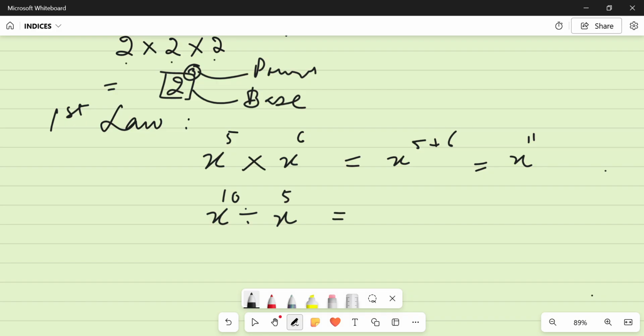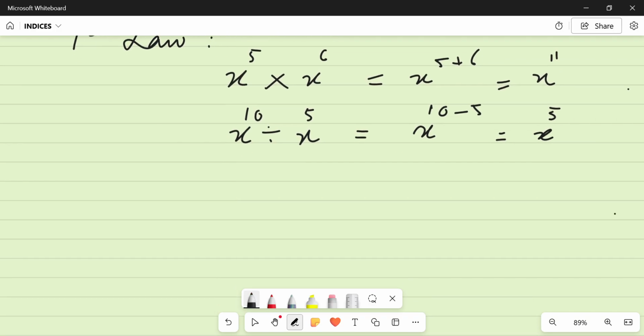So I need to write down the answer. Though it's a division, we will take x common, and instead of addition we'll do subtraction. 10 minus 5, so x to the power 5 is the answer. This is the first law.